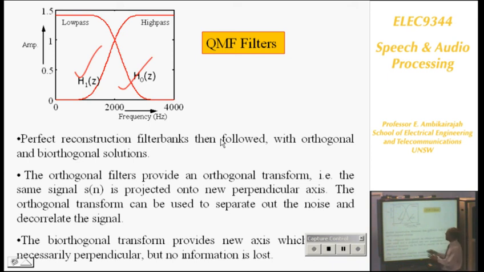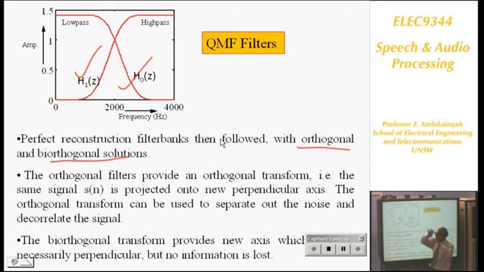So you can have different types of filters, and then you can have biorthogonal and orthogonal solutions for wavelets. So these filters could be orthogonal to each other, and by having these special filters orthogonal to each other, we can do quite a lot of things. Okay. But what we are interested in is, how do we implement the wavelet transform using filter banks?